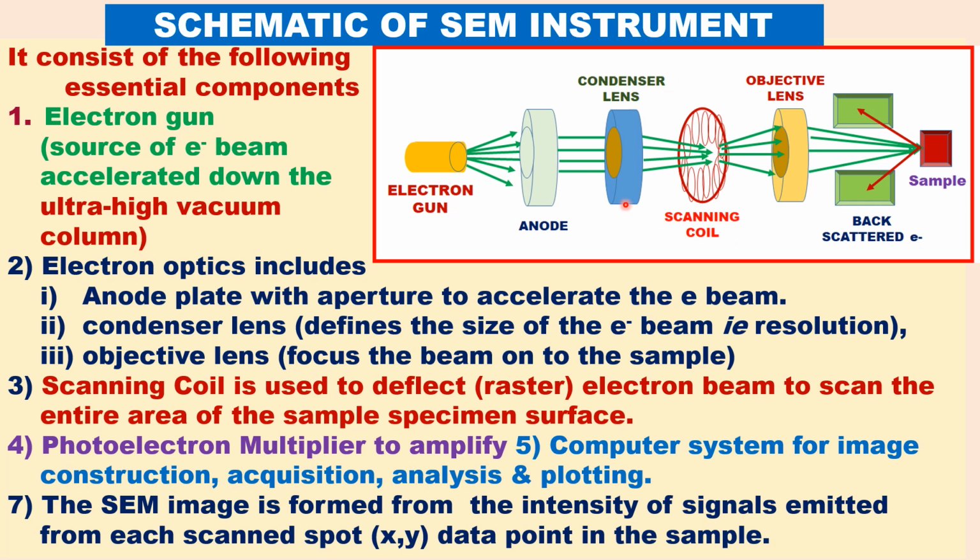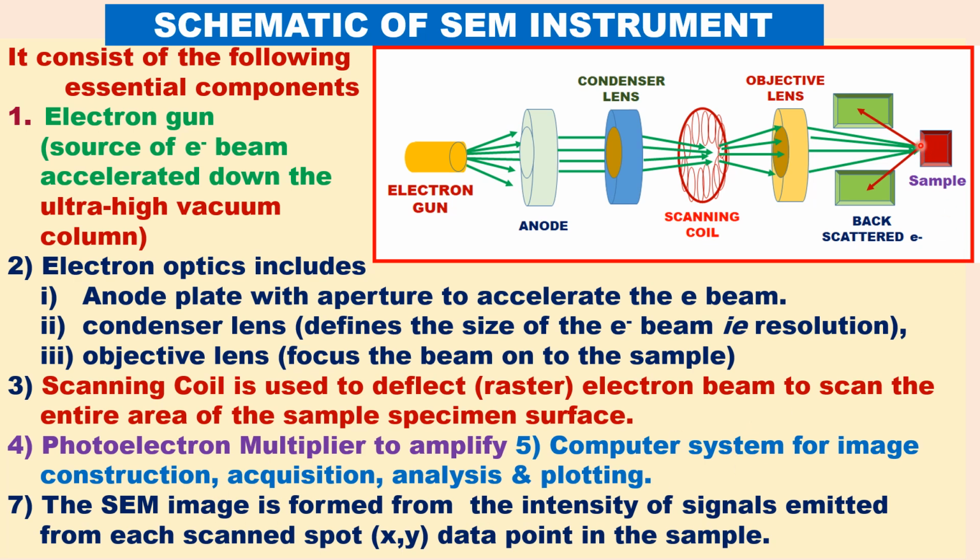The scanning coil is used to deflect the electron beam so that it can scan the entire surface of the sample. Then the backscattered electrons fall on the photomultiplier to amplify the signal. A computer system is used for image construction, data acquisition, analysis and display.